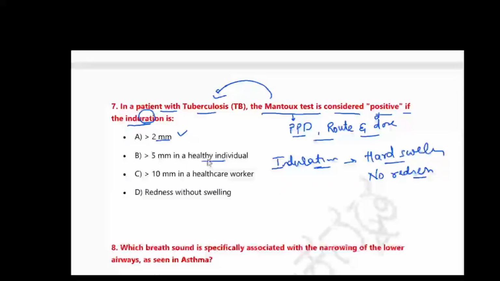See, in immunocompromised people, more than 5 mm is considered as tuberculosis. Here they have given more than 10 mm in a healthcare worker. Healthcare workers are high risk people. Hence, this is the right answer.